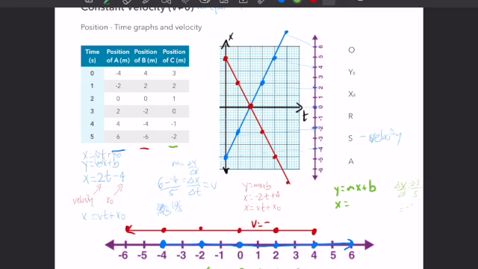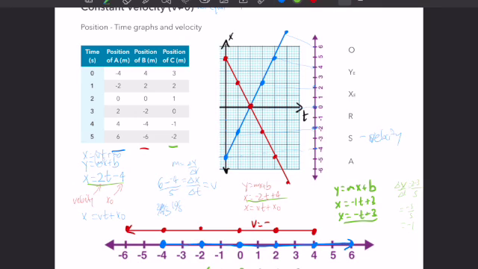So we have minus 5 over 5, which is minus 1. We expected the negative, so now we have minus 1 velocity. All right, so now we have minus 1 t, and the y-intercept, the initial position, was 3. So x equals negative t plus 3. So those are our three equations for these particles.